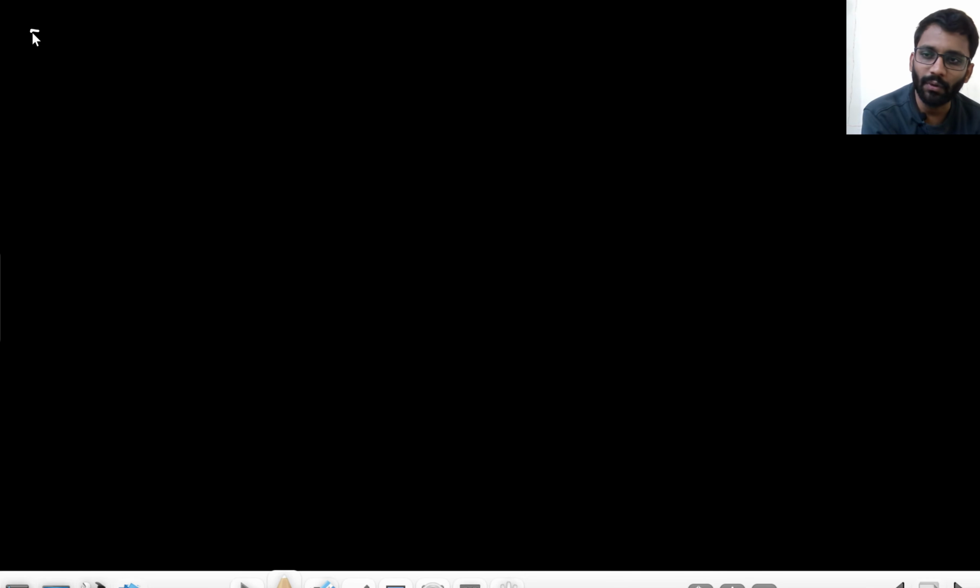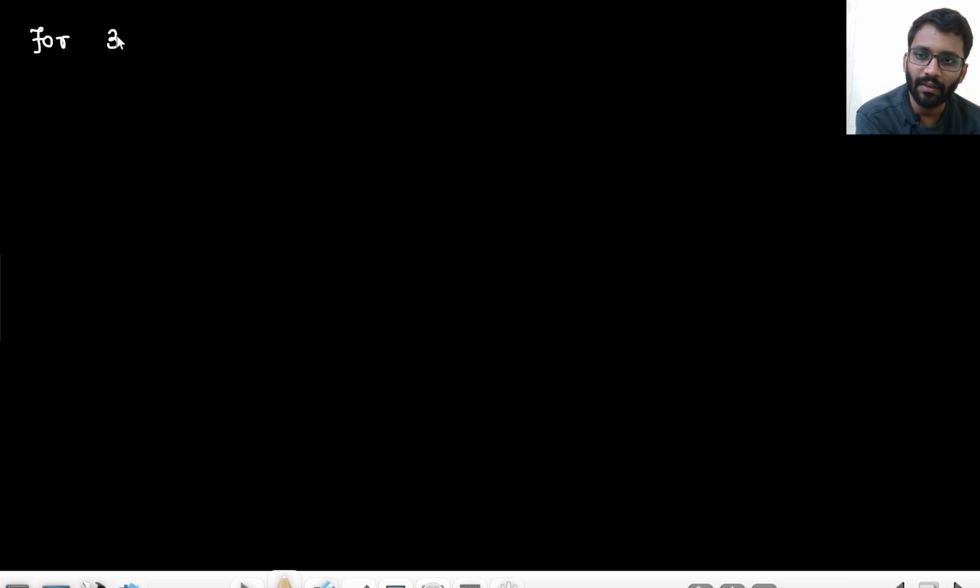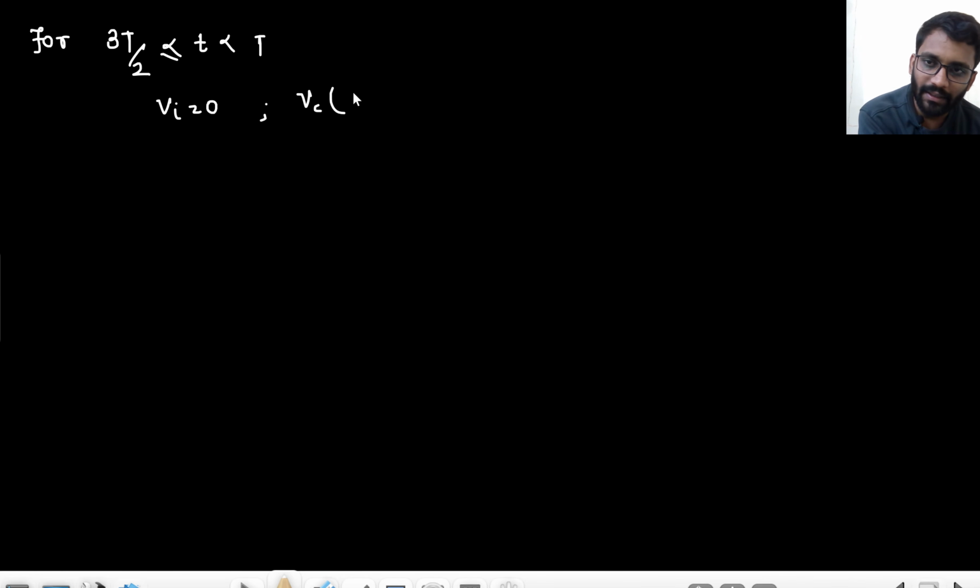Okay. So for 3t by 2 to t, V input is gone and Vc at 3t by 2 plus is your 1.5 volt. So now what will happen?